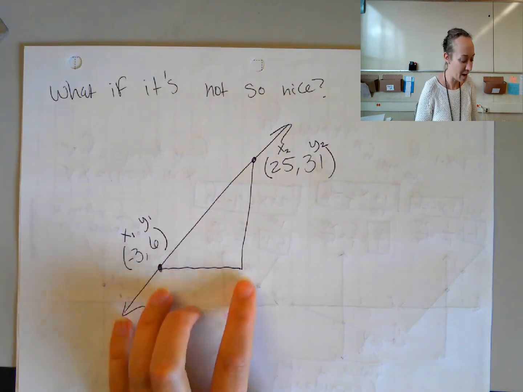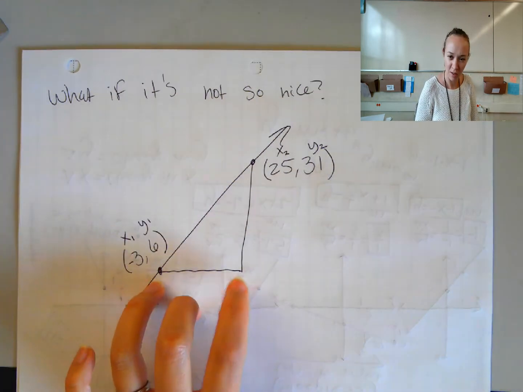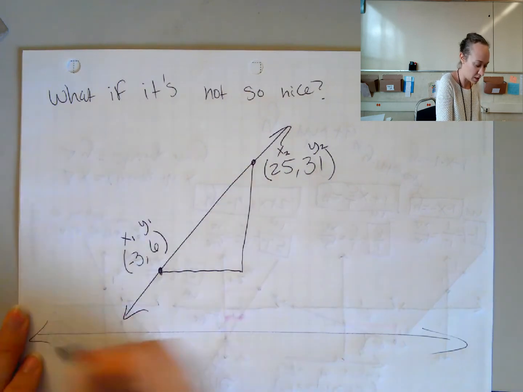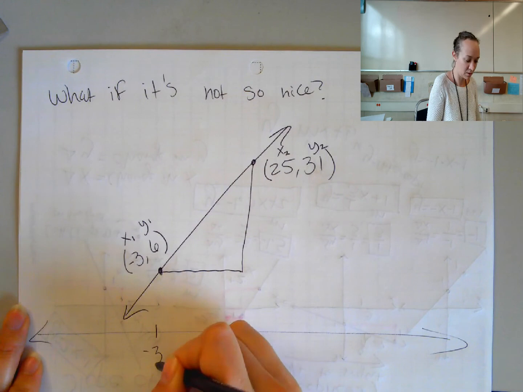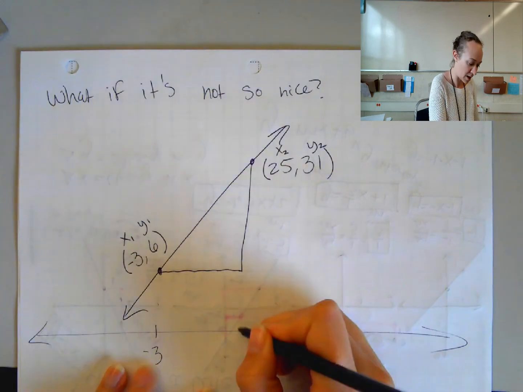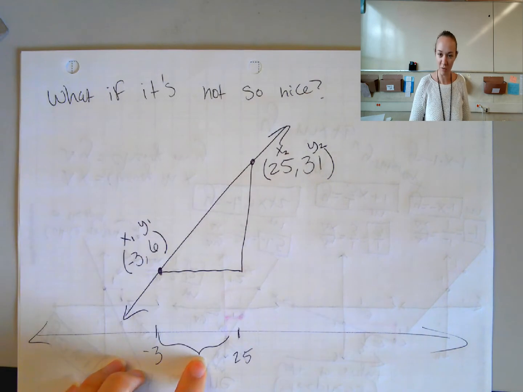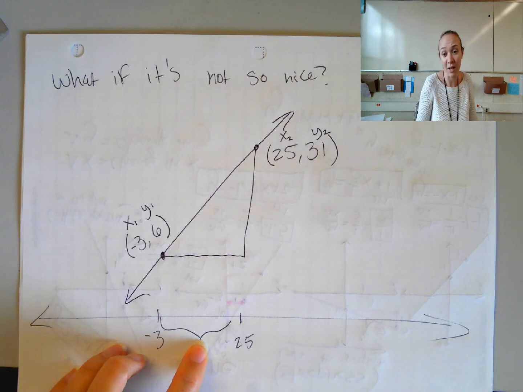So now, how far apart are these right here? If we picture the x-axis, this is at -3. This one's at 25. So really what I'm looking for there is how far away are 25 and -3. One way to do that is by subtracting.